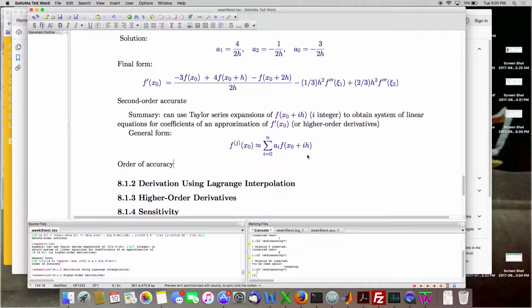In general, the order of accuracy is h to the p, where p equals, and in my mentally hobbled state, I will try to work this out on the fly.